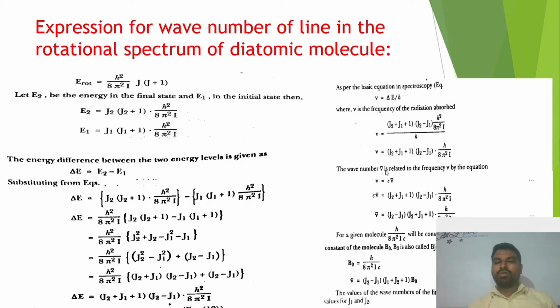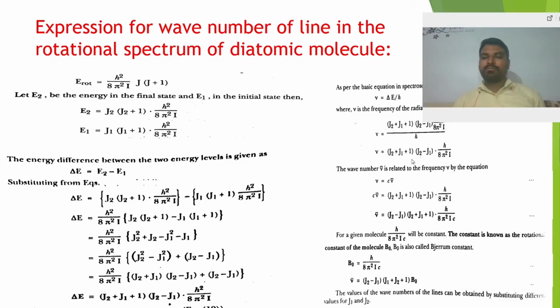The wave number nu bar is related to the frequency nu by the equation nu is equal to c nu bar, and c nu bar will be j2 plus j1 plus 1, j2 minus j1, h upon 8 pi square I, as in the above equation.